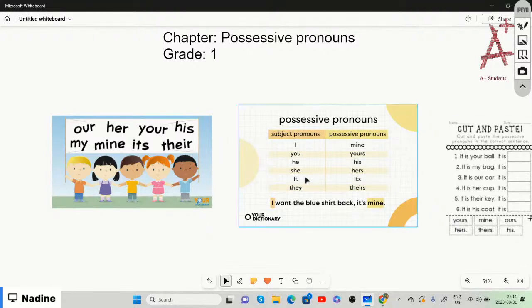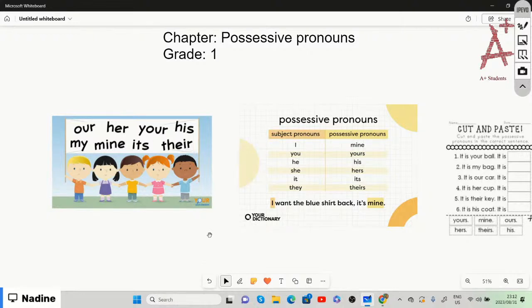All right, so we have a subject pronoun and then we have a possessive pronoun. And we are basically talking about possessive pronouns, right? So with subject pronouns, we use words like I, you, he, she, it, or they.